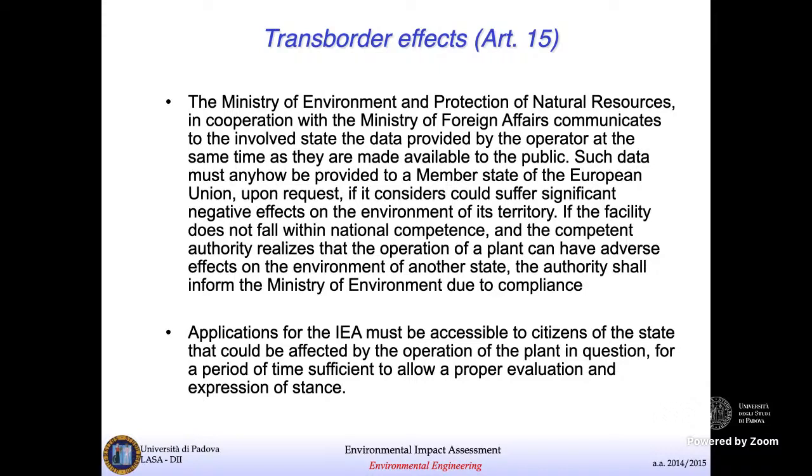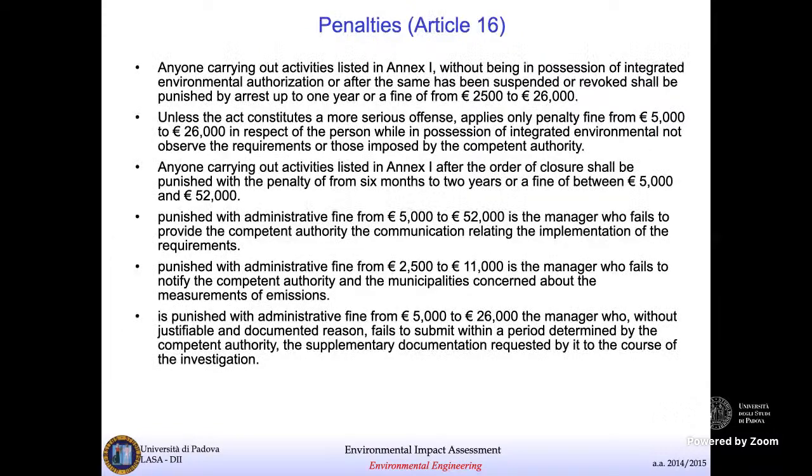Applications for integrated environmental authorization must be accessible to citizens of the state that could be affected by the operation of the plant. So this is to say that all the populations in Europe have the same right of accessing information concerning the issuing of this kind of authorization.